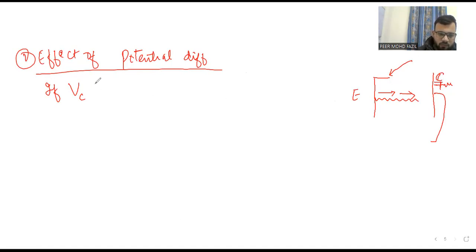If the potential of C is increased, more and more electrons will move towards the collector plate, which means we will get more current. As we know, I is equal to Q by t, and Q is Ne by quantization of charge. As the number of electrons per unit time increases, the current will increase.